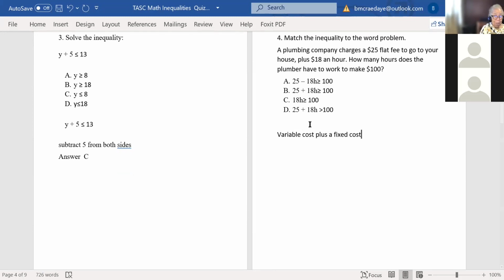Your variable cost is $18 per hour. Your fixed cost is your $25 flat fee.